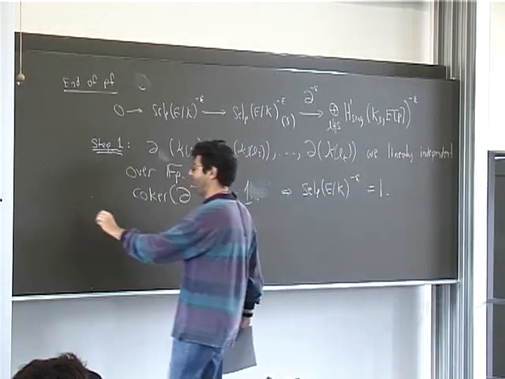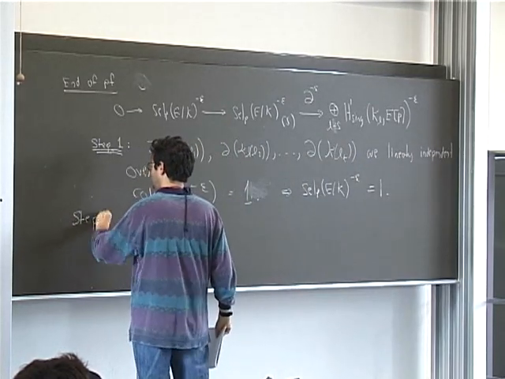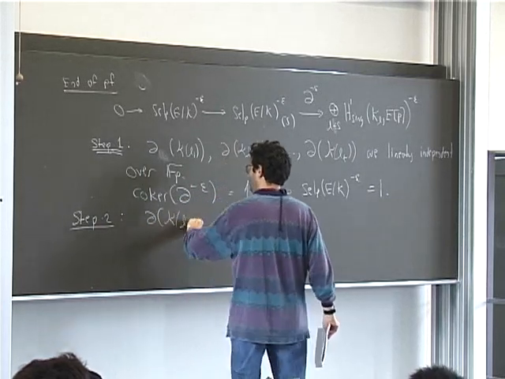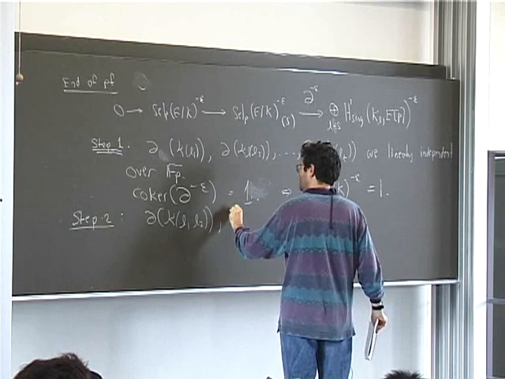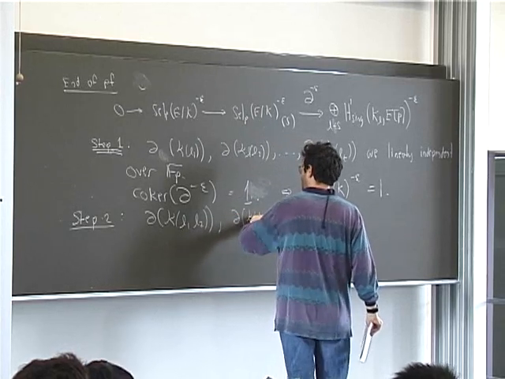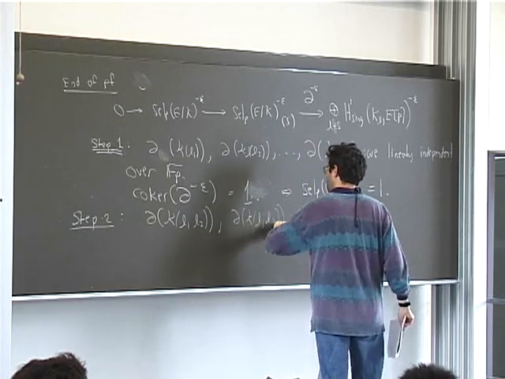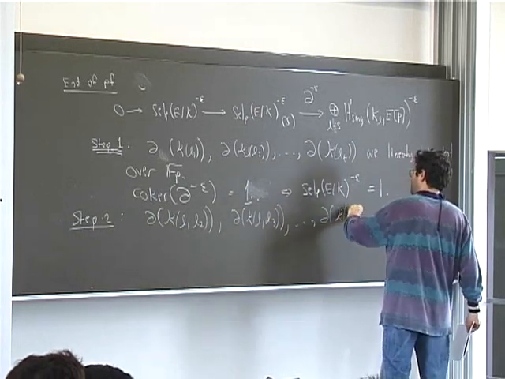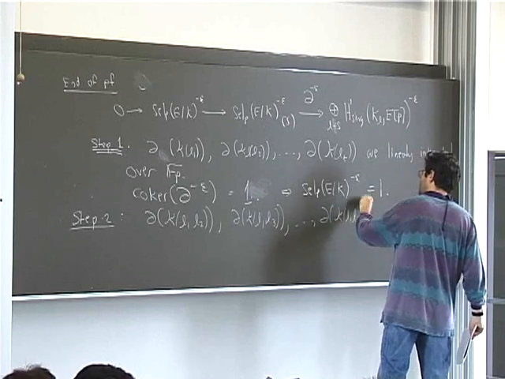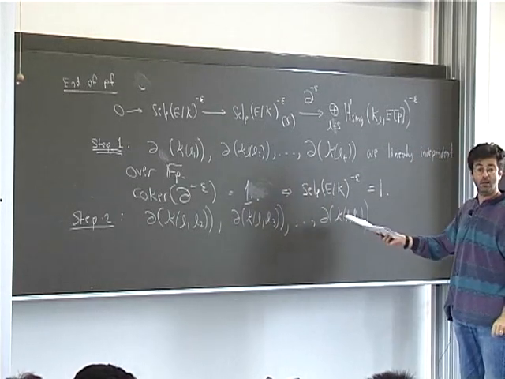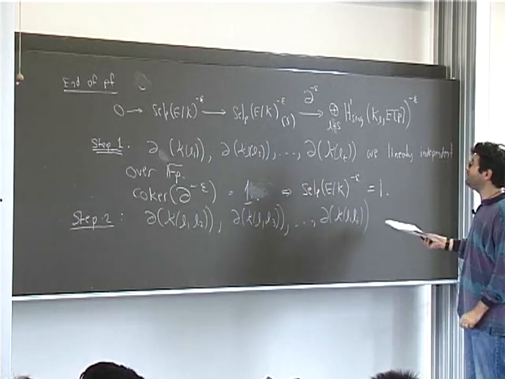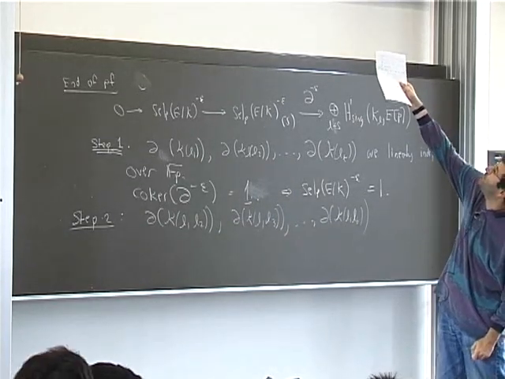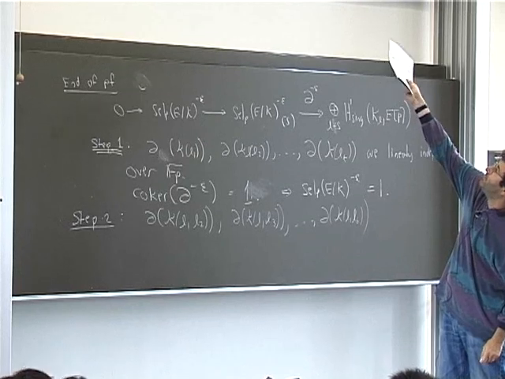And then in the second step, step 2, you look at the images of the classes depending on 2 primes, kappa of L1, L2, kappa of L1, L3, and so on, kappa of L1, LT. So now you have T minus 1 elements, and these are also linearly independent because of this third condition, that the restriction at L_j of kappa of L1 is non-zero.